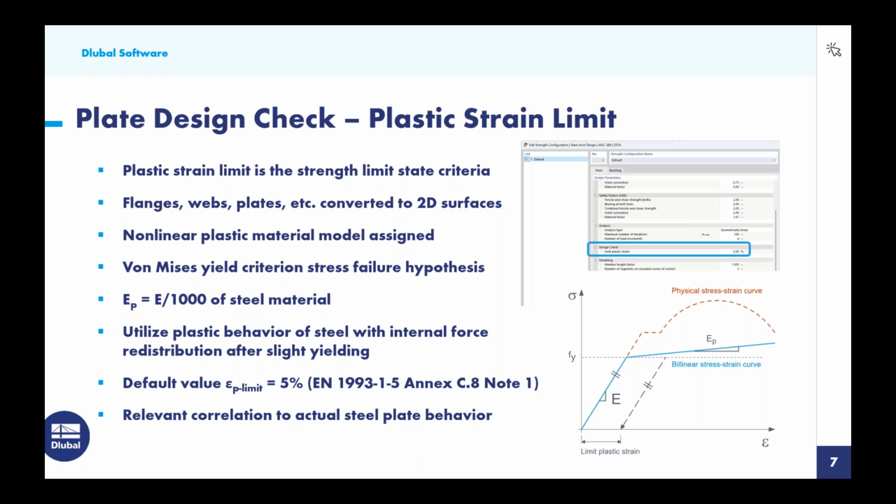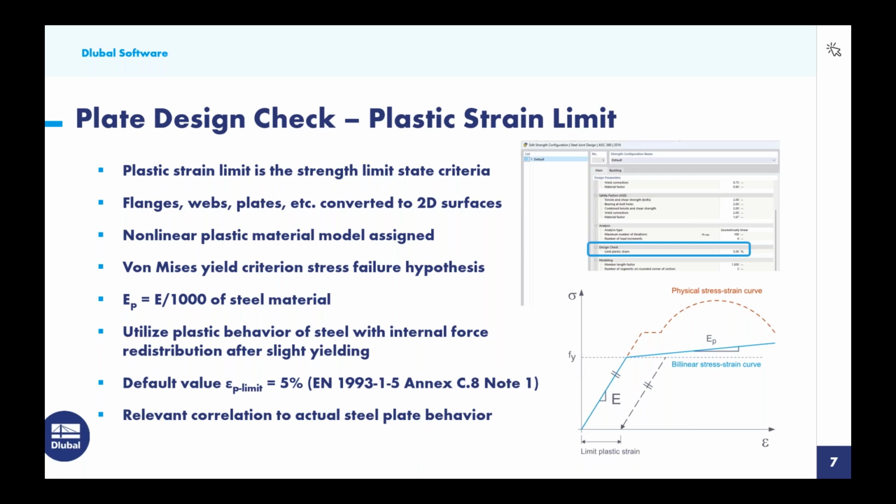Now, a big question is, why are we setting the limit plastic strain instead of the yield strength in terms of the yield stresses? The reason is we're going to have hundreds, maybe thousands of FE mesh points on these submodels.